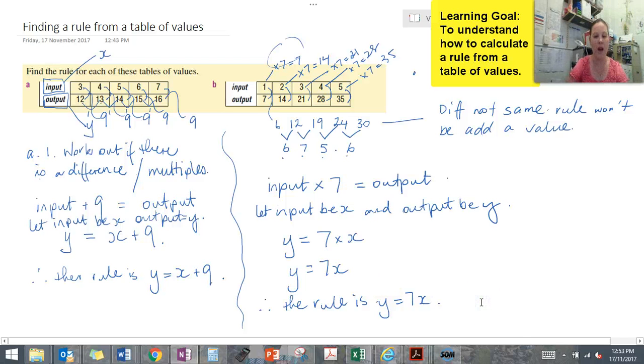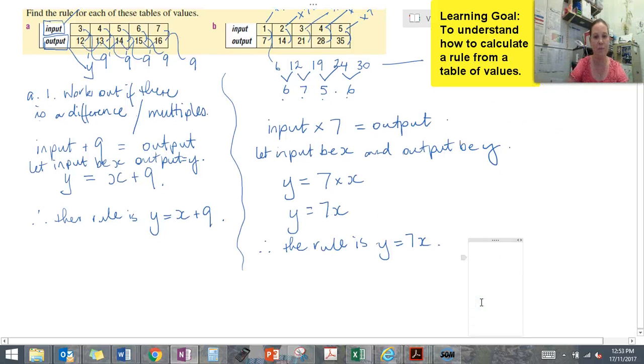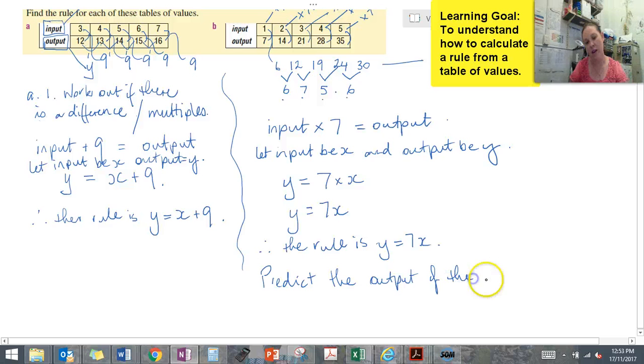Once you've done that, a question might ask you to make a prediction. So for the second part of this question here, we want to predict the output if the input is 23, let's say.